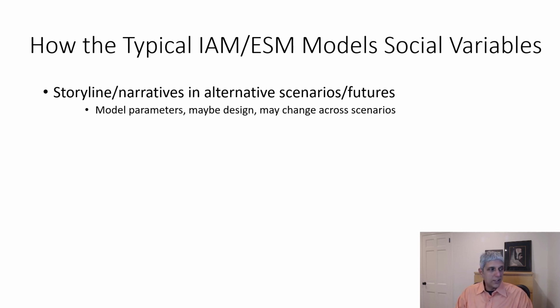So for example, let's say the urbanization rate. You may have different scenarios of the world with different levels of urbanization, and then that urbanization parameter would be different, and you'd have assumptions about the average diffusion rate for urban areas versus rural areas. And you just simply make changes to that particular parameter in your different narrative.